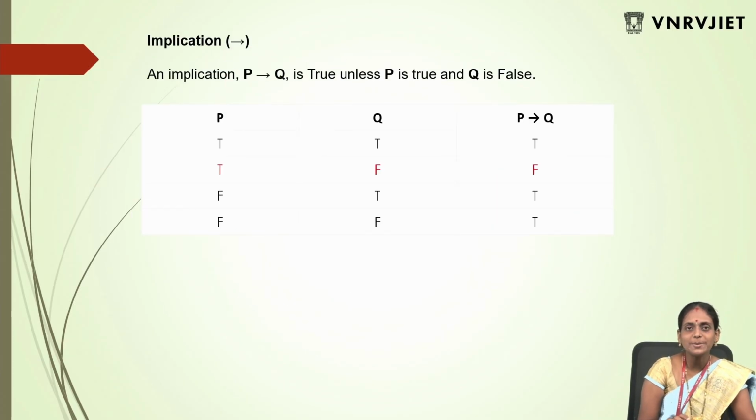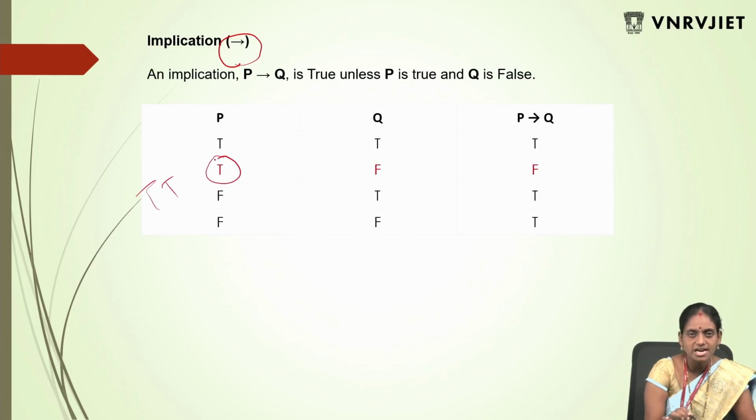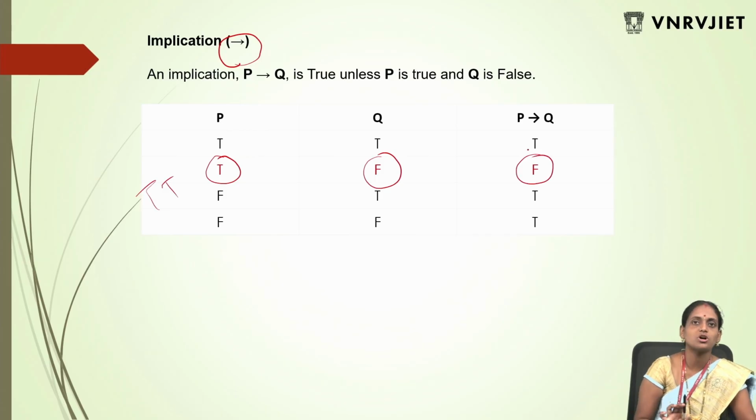And next, implication. What is the meaning of this representation? If then. If something happens, then what do we find? That is the meaning of implication. The truth table for this implication is found as follows: if the first statement is true and the second statement is false, in that case the resultant is always false.